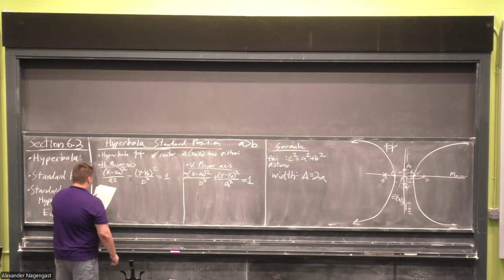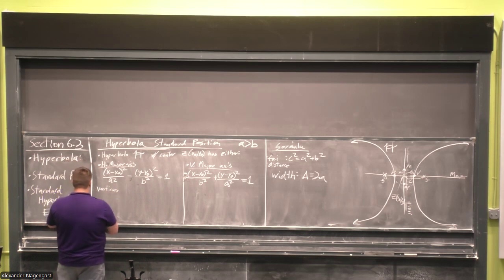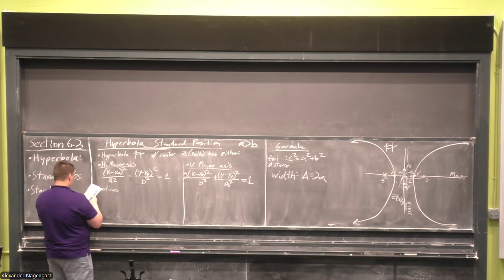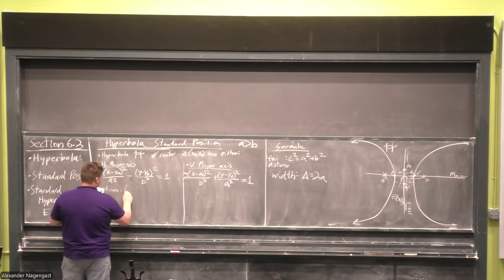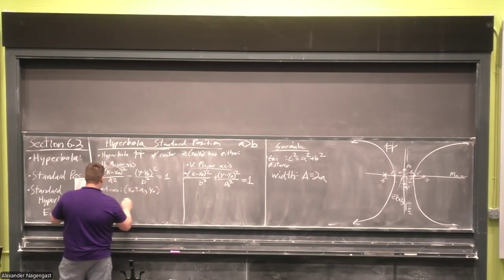So what else can we say? We can say that the vertices for the horizontal are at x naught plus or minus a, y naught.